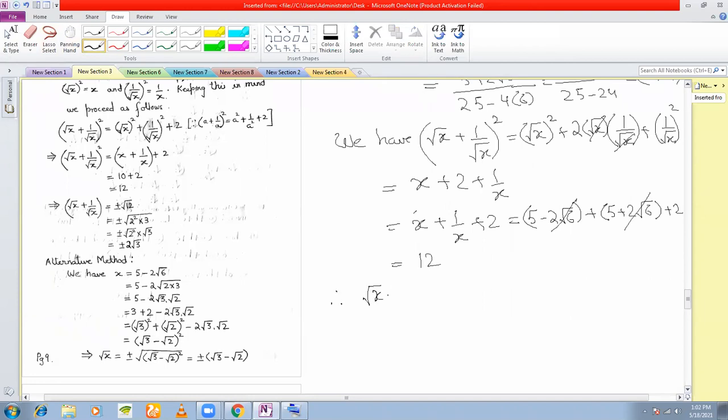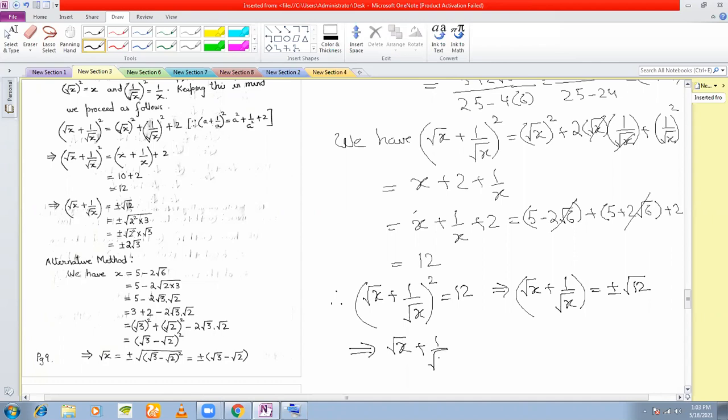Therefore, (root x plus 1 by root x) whole square is 12. That means root x plus 1 by root x will be equal to plus or minus root 12. Always better to give your answer in simplest form, so prime factorize 12 as 2 square into 3.